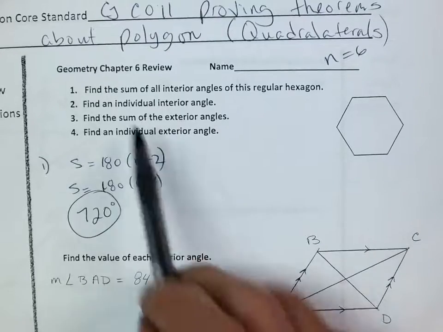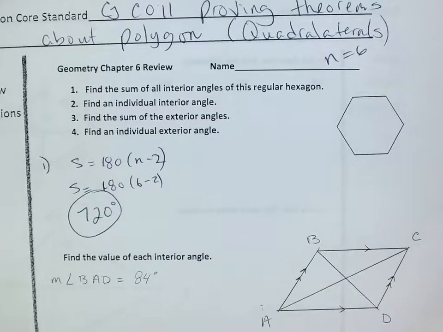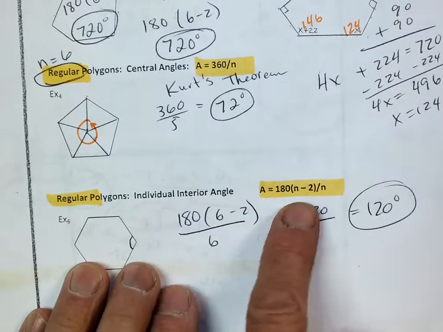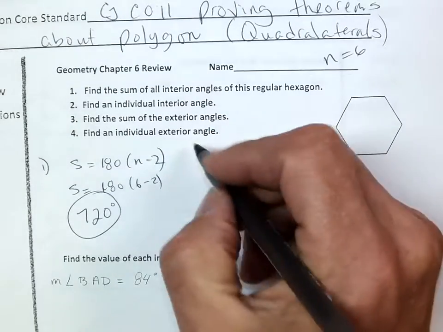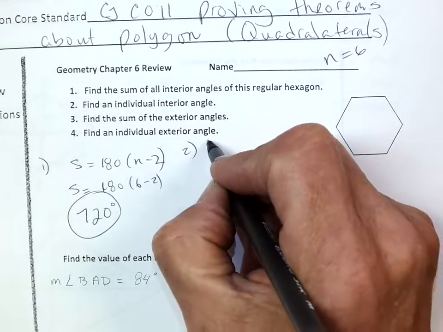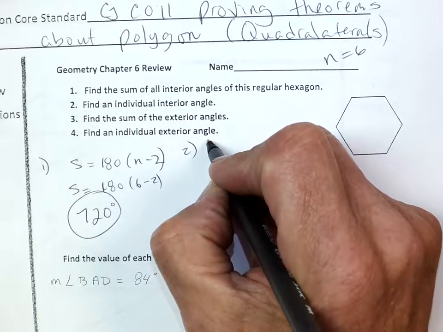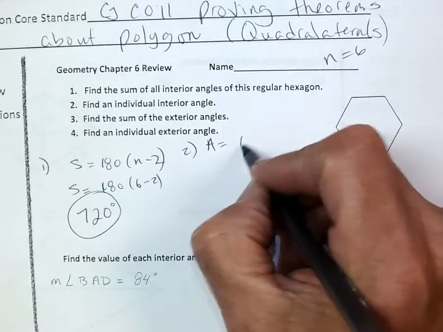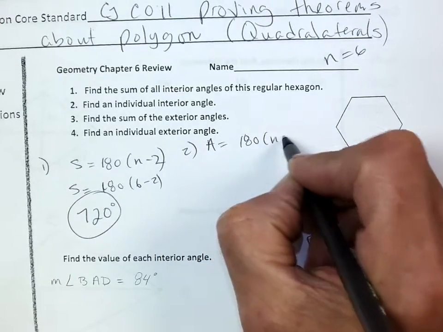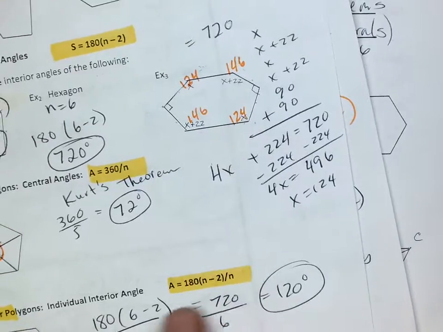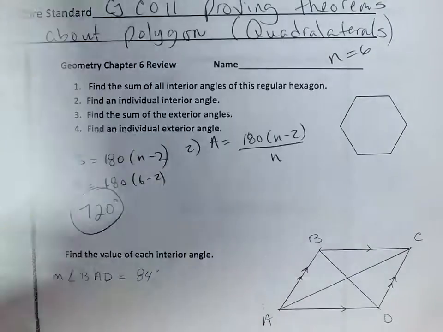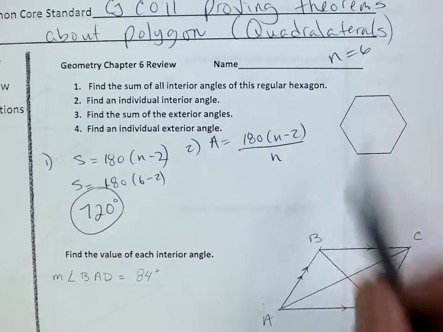Number 2, individual interior angle. So look at my notes, individual interior angle, hey, there it is. So I have this formula right here, okay? So for number 2, A for our angle is equal to 180 times n minus 2 divided by n. So we're just using our notes that I gave you, right? There it is, individual interior angle. So n is 6.